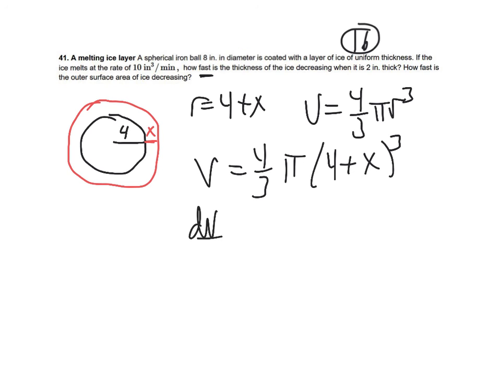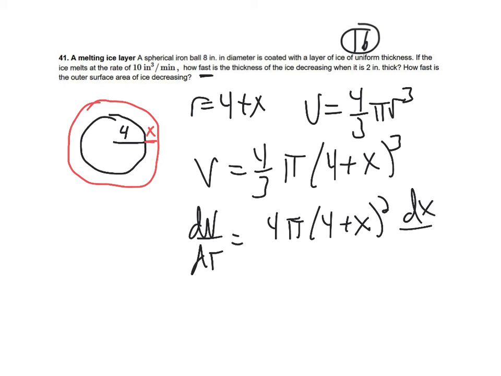So dV/dt equals 4 pi times (4 plus x) squared times 1 times dx/dt. Now, I believe in MyOpenMath, as I recall, they ask, what's the surface area? Well, that just so happens, 4 pi r squared is the formula for the surface area of a sphere. The derivative of the volume, kind of cool, right?